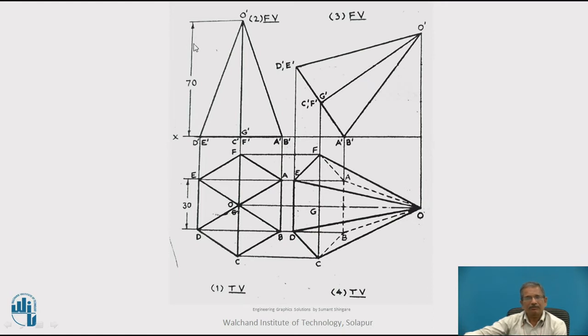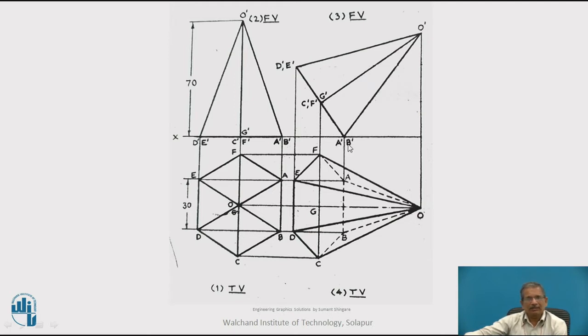Here the apex was at 70 mm. So, rotate it in such a way that, draw an XY line parallel to this and take a point, but while drawing, take care that AB must be resting on the ground, that is, the base edge must be resting on the ground.